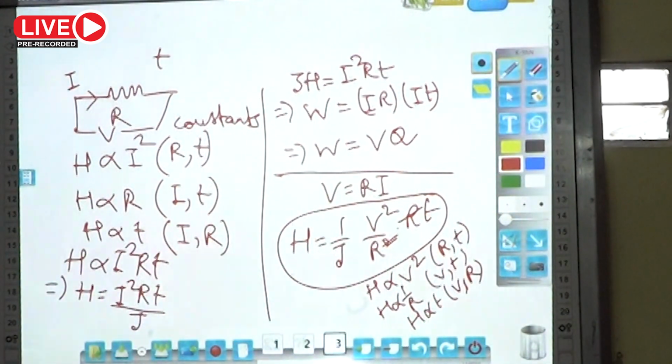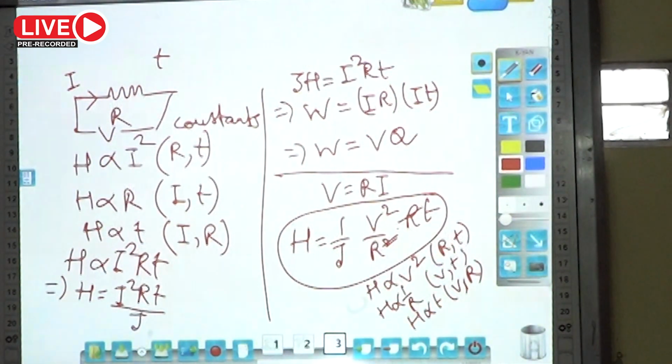The relation with resistance and heat developed will be changed. Previously, when current is constant, H and R are directly proportional. But now when potential difference is constant, H is inversely proportional to R. So this is the only difference.